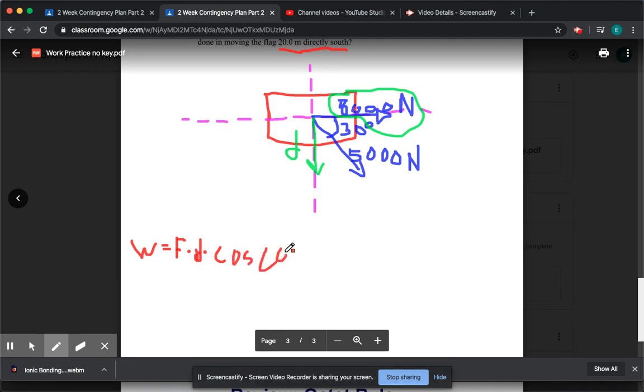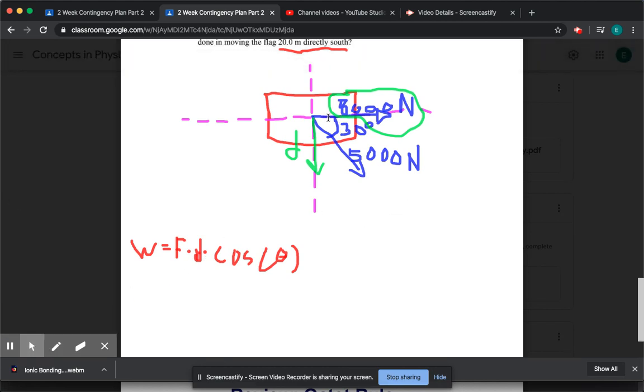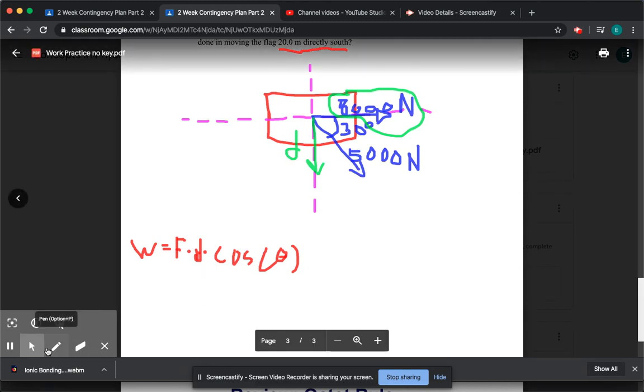But again, reminder, this is the angle between F and D. The problem says this is 30 degrees south of east, but the angle between the D and the F is not 30. This is a different angle. So I'm going to use a different color. Let's use an orange.